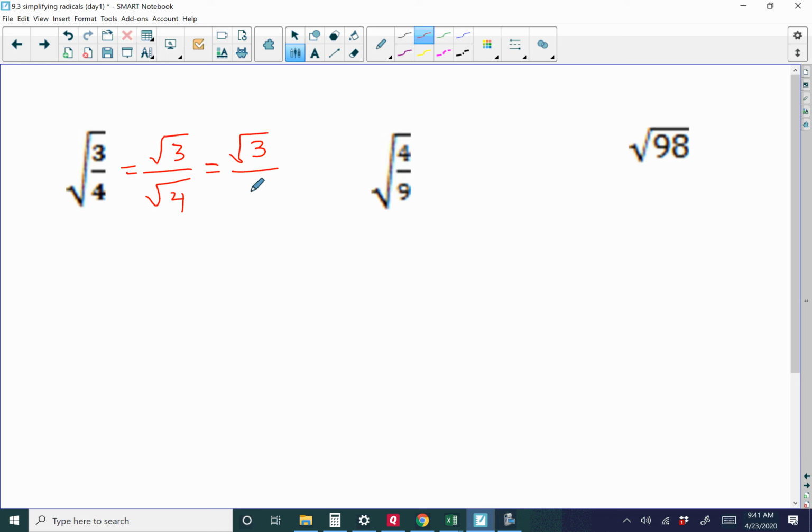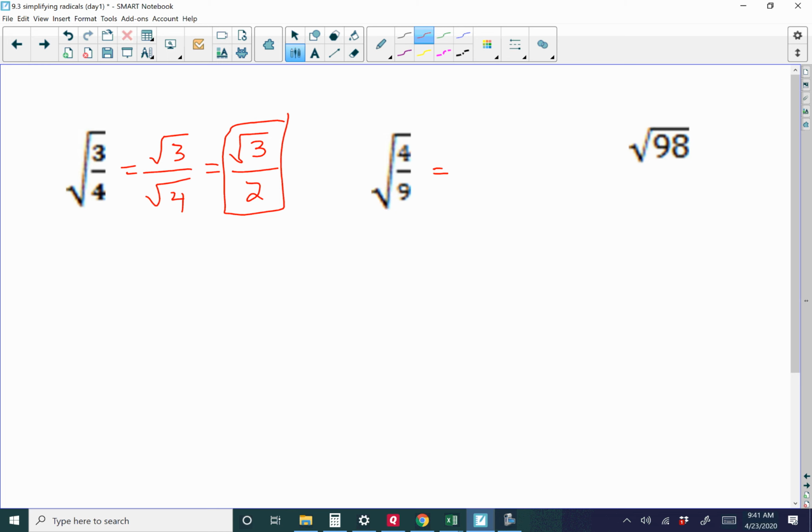Square root of 4 down below can break up into 2. This is the simplified form. Okay? We never want to leave a square root in the denominator. We always have to do something to make sure that there is not a square root in the denominator of the answer. If that's the case, you need to do something different.